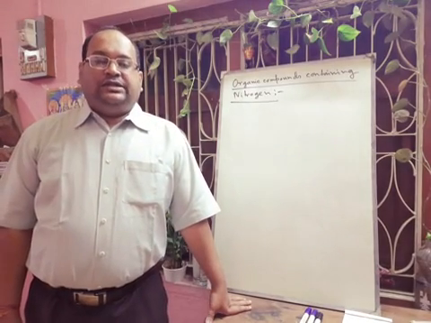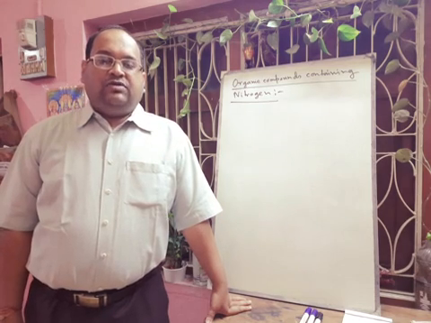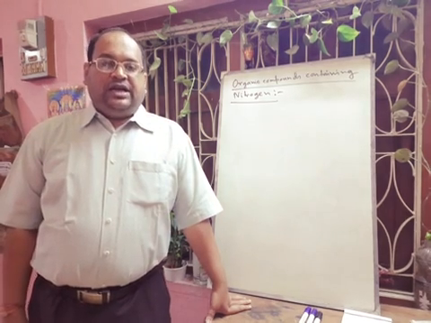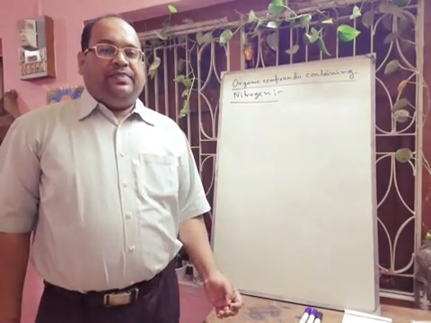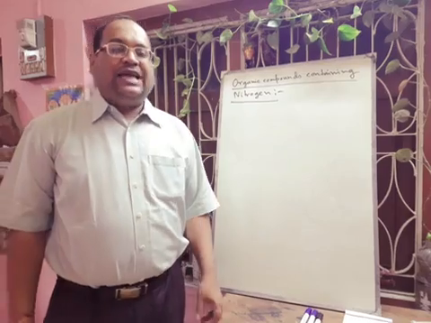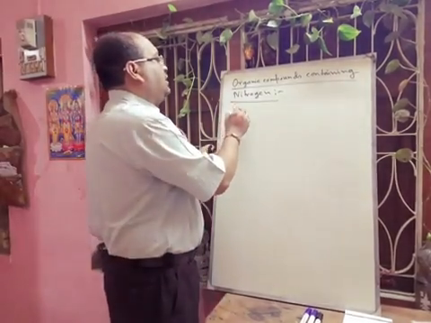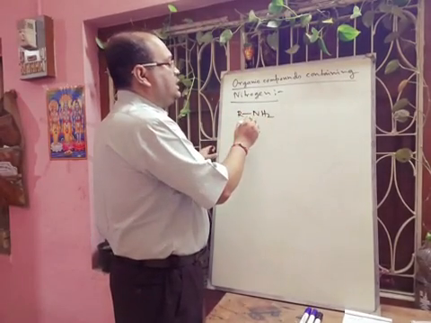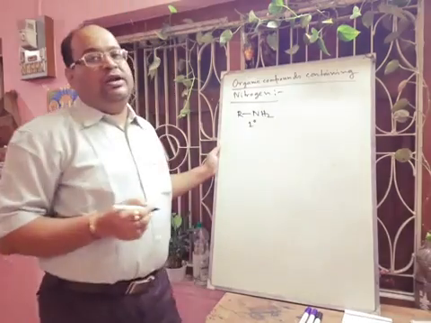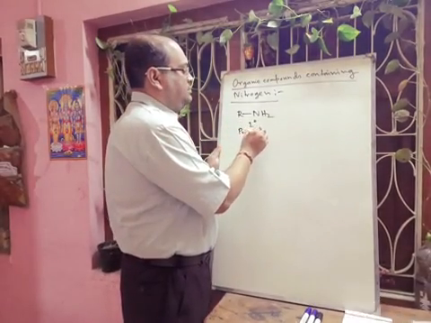all of you know that alkyl derivatives of ammonia are known as amines. Depending upon the number of alkyl groups, amines can be classified into different categories. When one alkyl group is attached to the amine group, it is called 1 degree amine or primary amine.